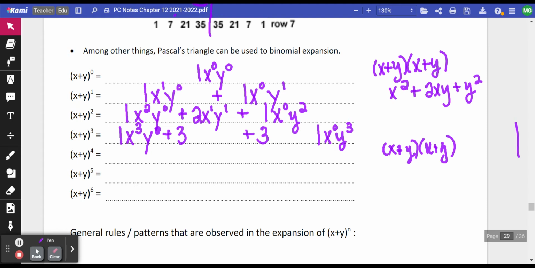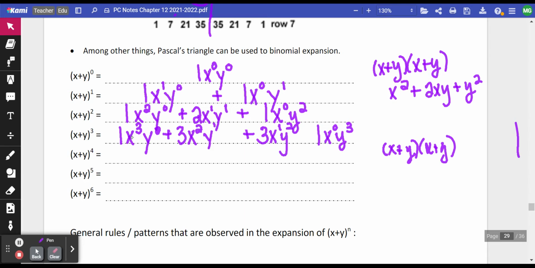Now what we will have, instead of x cubed y to the 0, we will have 1 less power of x. So we will have x squared and 1 greater power of y. So y to the first. Moving along, we will have 1 less power of x, so it'll just be x to the first, and 1 greater power of y, so y squared.